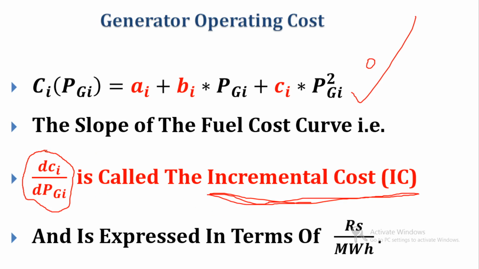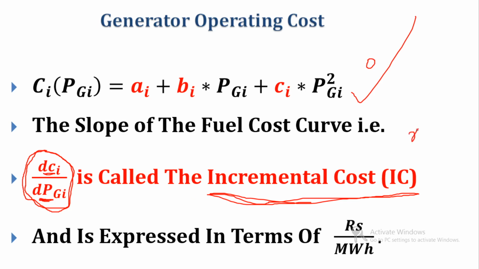To understand that, we have to understand what dCi upon dPgi means. That simply means that if I want to change a certain amount of megawatt in my output power, then what should be the change in cost? Clear?